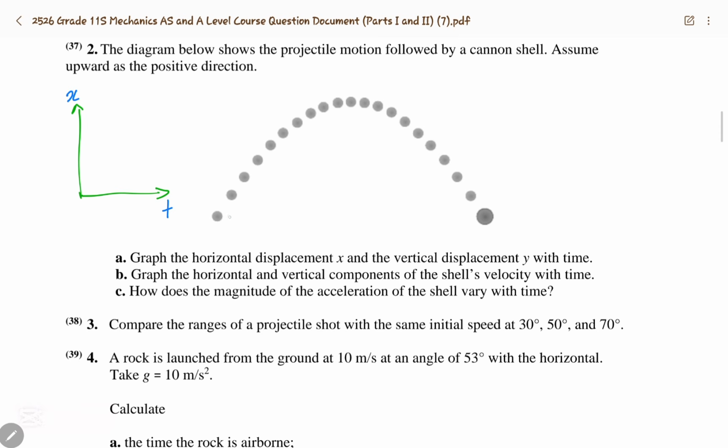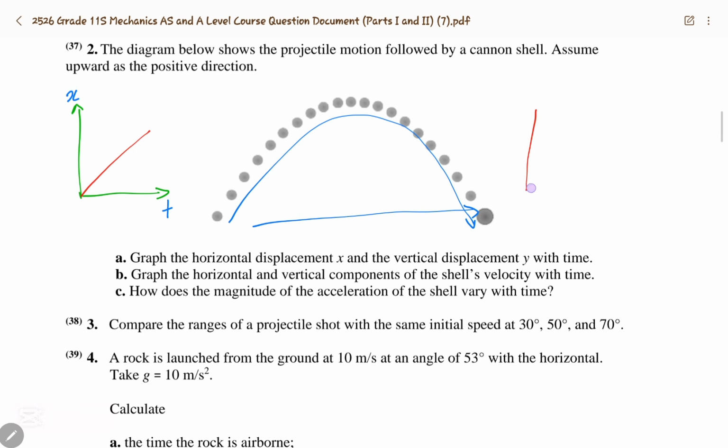If you look at the projectile motion, it's moving from the left to the right. So it has a continuous motion on the x-axis, so it will be a straight line passing through the origin.